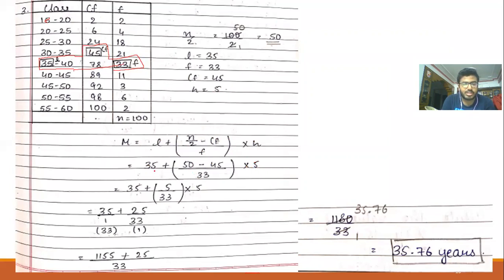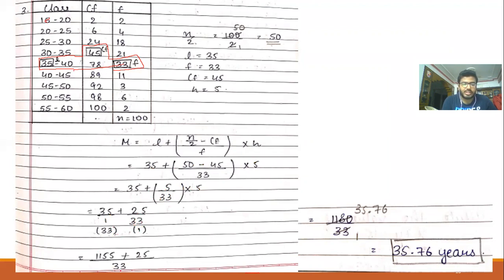Then doing the same way, 50 minus 45, 5 are there, 5 upon 33 into 5. Then 33 is the LCM. Either you can divide 25 by 33 directly and get the answer in decimals, 0.76 it will come, or you can take the LCM and do it. Whichever you find easy, do it that way.